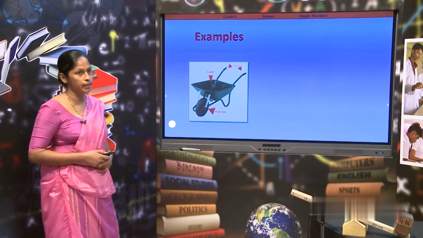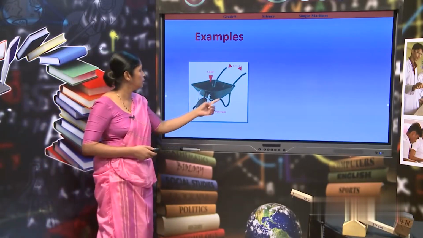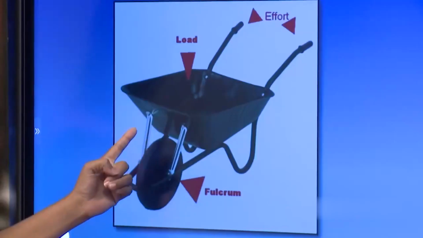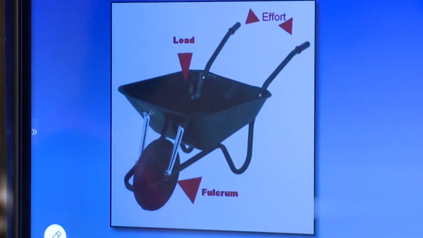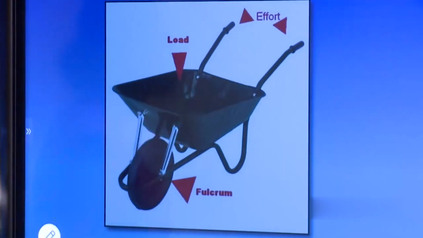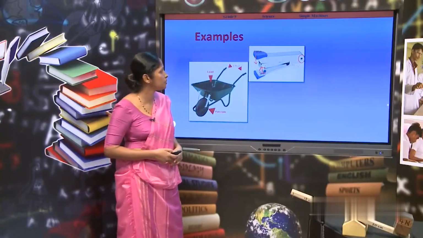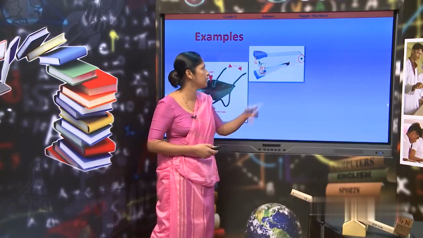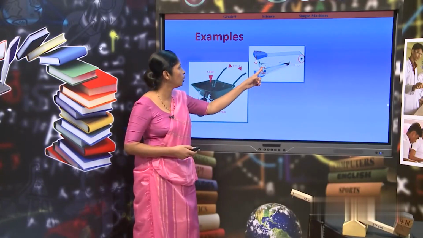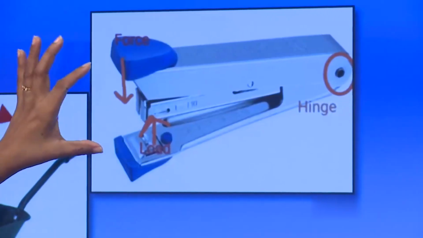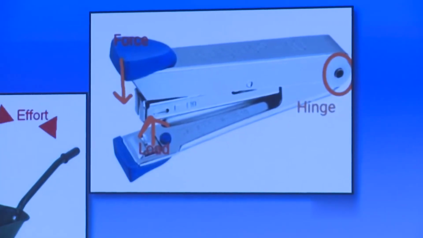Examples for second order levers: wheelbarrow, the load is in the middle, and effort is exerted at these points. And the stapler machine, we all use stapler machines, this is the fulcrum, load, and here is the place where we exert the force.